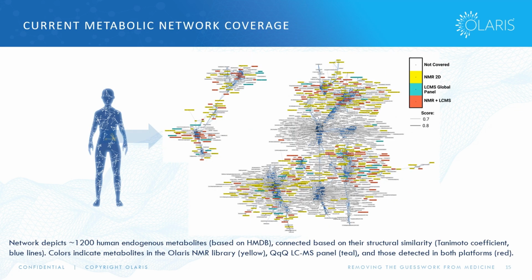It's clear that we have various areas that we are covering pretty well, and this panel is going to evolve. There are also areas where there's still almost no coverage. Those areas are the more lipophilic substances, the lipids, for example, and so this is an area for us to work on in the future.